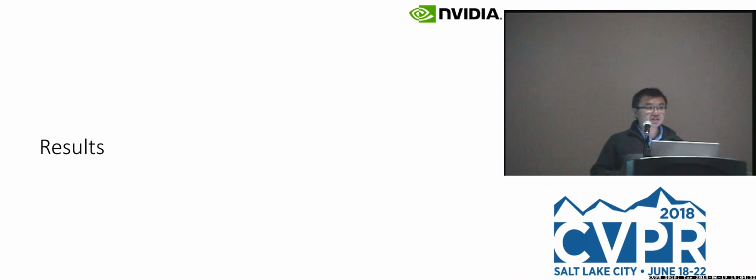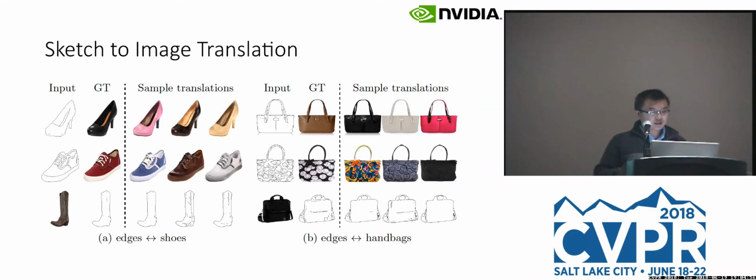So now I'll be showing some results. Here we show the sketch to image translation. This data set is given in the supervised setting. For each input, you know the output. But in our training, we do not use this correspondence. We just use them as if they are coming from two different data sets.